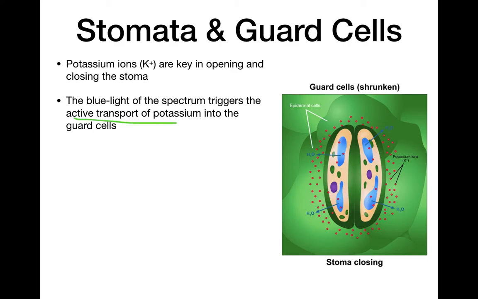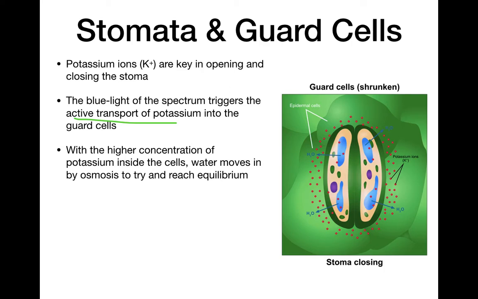Okay, so potassium, which is red, is being brought in through active transport because of blue light. And with a higher concentration of potassium, that's going to change the concentration gradient. So then water wants to fix that, wants to make sure everything is equal concentration. So water is going to move in by osmosis to try and reach equilibrium. So by actively transporting potassium, we can use passive osmosis to move the water in.